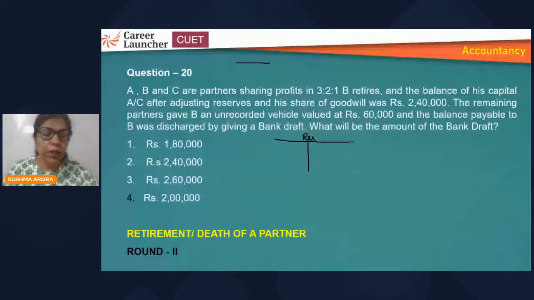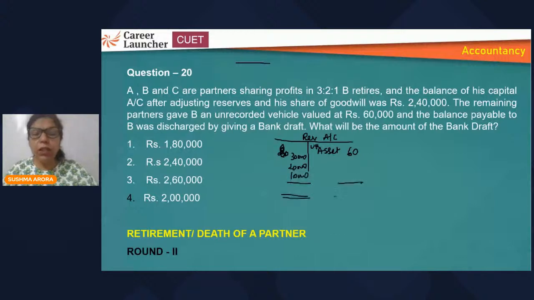See here, unrecorded vehicle means assets are increasing. Unrecorded asset, you can say UR asset. Now this 60,000 will be distributed in 3 to 1. That will be 30, 20 and 10. Okay, clear? Got it? This 60,000 is the profit for the firm at the time of retirement.